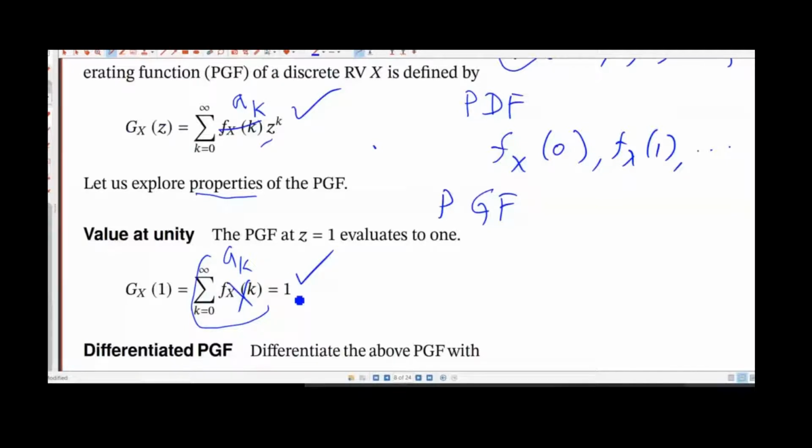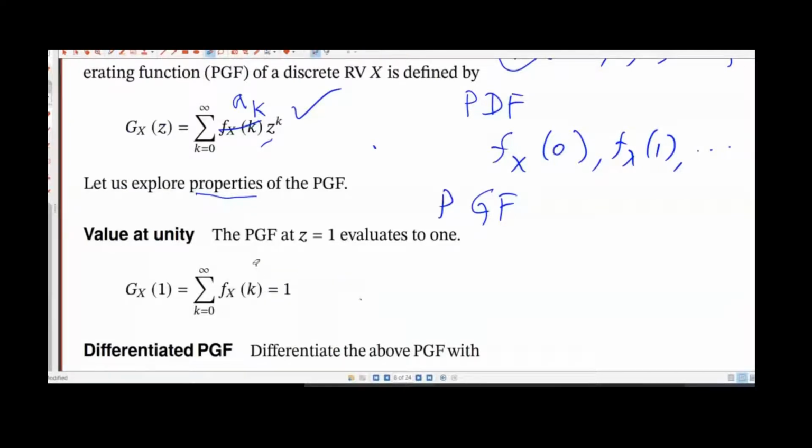Yes or no? I don't know anything about a_k, so it can be anything. It can even be a divergent series. But I know these are probabilities, and I know that probabilities must add up to 1. So this 1 is because of probabilities. It's not because of the generating function.